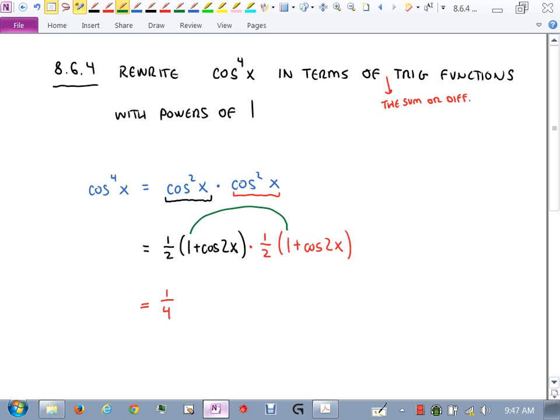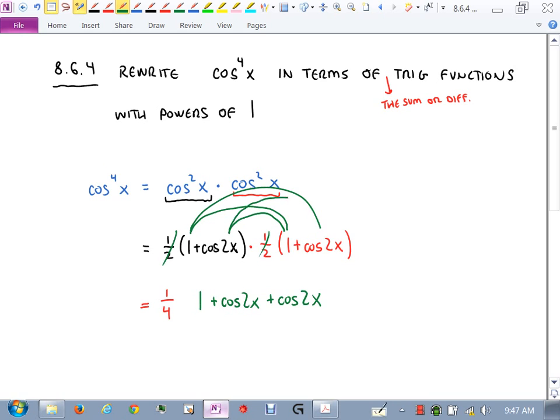1 times 1, right? Gives me what? 1. 1 times cosine 2x is cosine 2x. And then, no, I'm ignoring the 1/2 because I already took care of those, right? Those are in the front as a 1/4. Then I do cosine 2x times 1, which gives me another cosine 2x. And now here's the part that causes the issue.